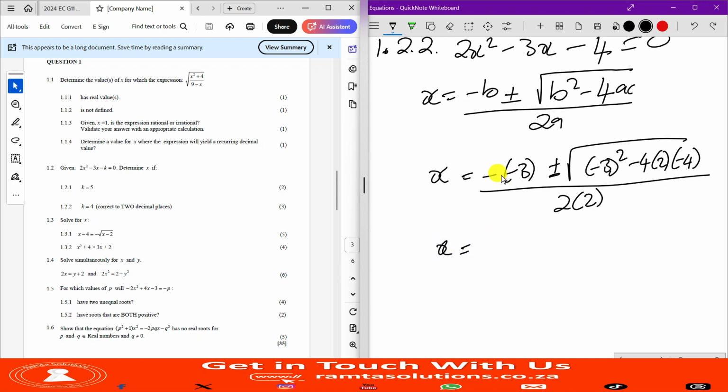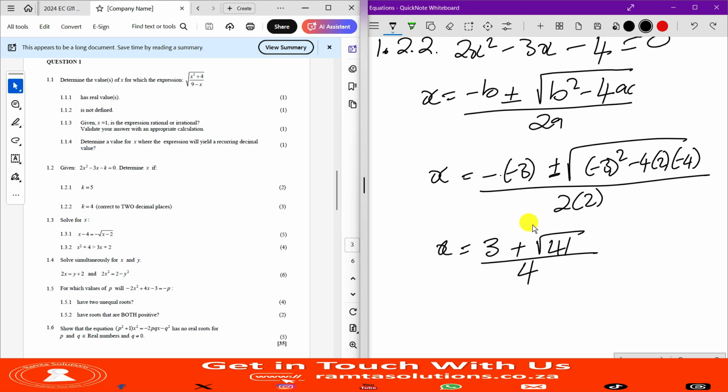Simplifying, x equals negative times negative 3, this is positive, so it'll be positive 3 plus or minus the square root of 4 times 2, which is 8, and then 8 times 4 is 32. Right, it's 32. Cool. And then 3 squared is 9. So 9 plus 32 will be 41. So this becomes the square root of 41 all over 4.